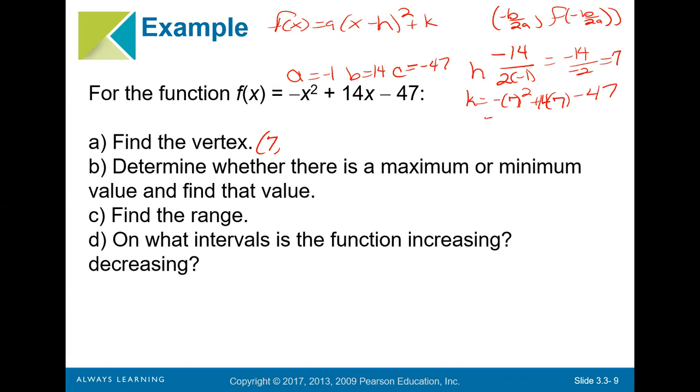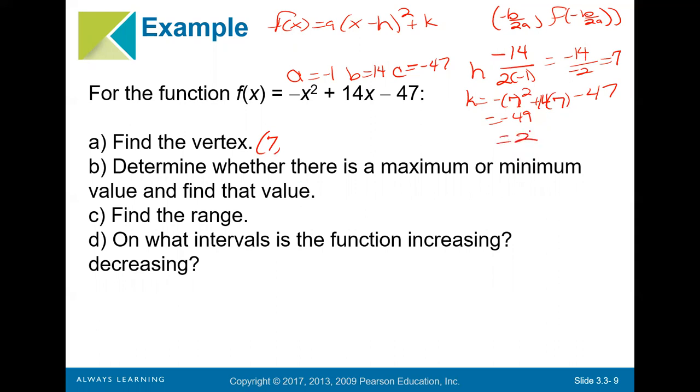So now I got what? -49, because the negative sign's in front of that parentheses, it did not get squared. So I got -49 plus that 14 times 7 minus 47. And I came up with 2. That's my final answer.